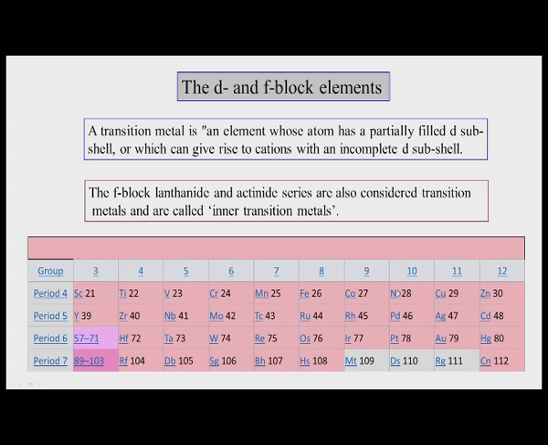Similarly we can have palladium 2 plus or platinum 2 plus. In all these cases the configuration in terms of occupancy in the D level will be 3D some number, then 4D some number, and then 5D some number.